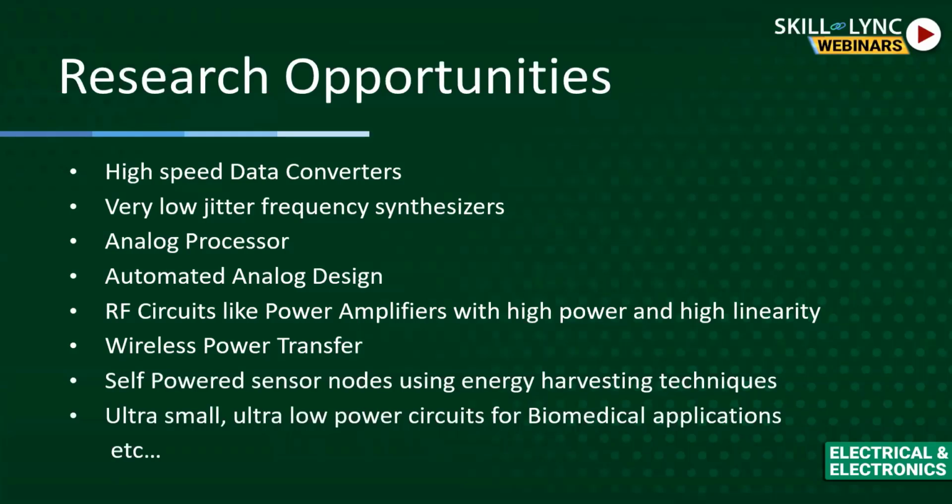Why? Because you cannot disturb other frequency bands, and that's why there is a regulatory body which takes care of that. It sets the maximum amount of power that you can give, and in other bands, in other frequencies, that power cannot leak, and that is why you need high linearity also.